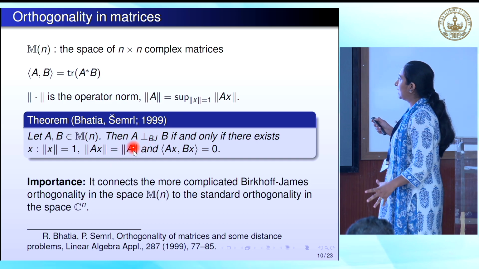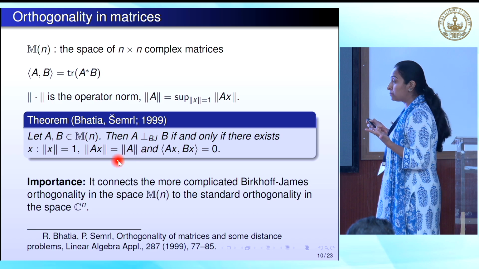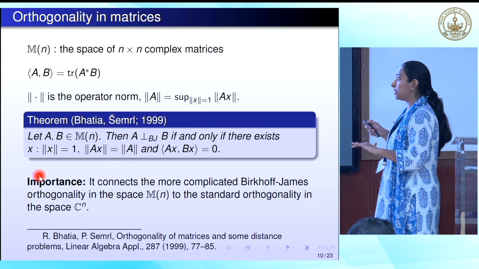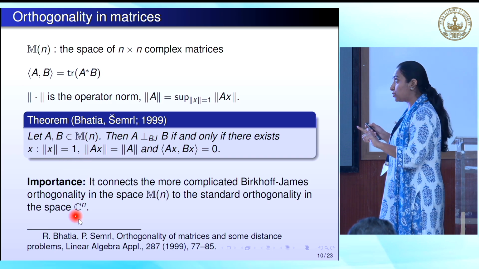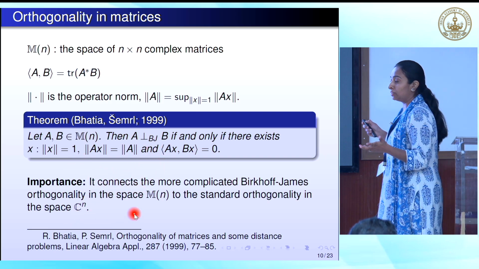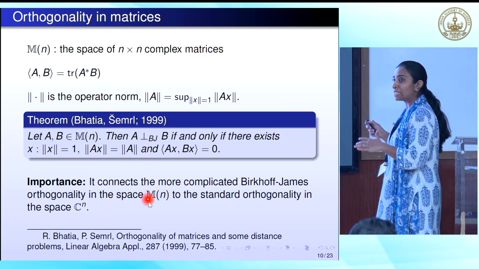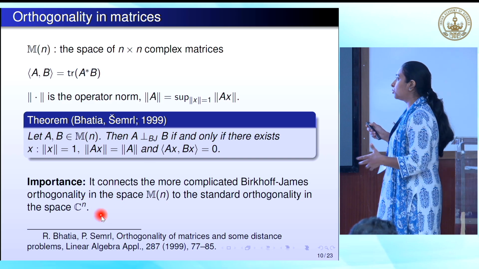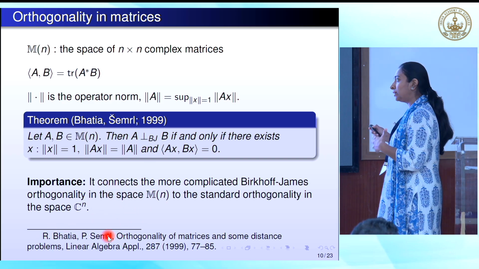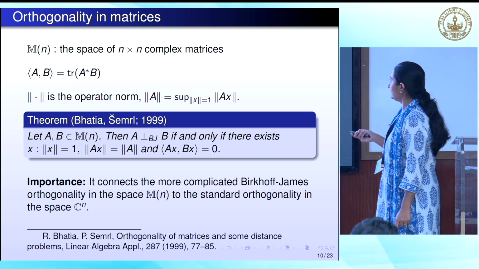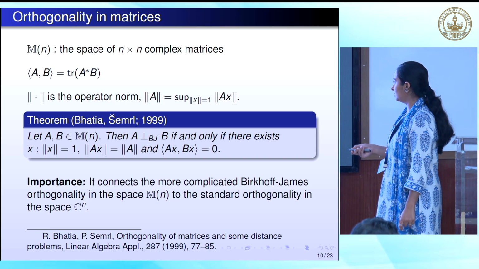They said that A is orthogonal to B in the Birkhoff-James sense in this norm if you can find a unit vector x where A attains its norm and Ax, Bx are orthogonal in the usual sense. Now Ax, Bx are vectors in C^n. So it connects a more complicated Birkhoff-James orthogonality to the standard orthogonality in C^n. Here is where they did it.